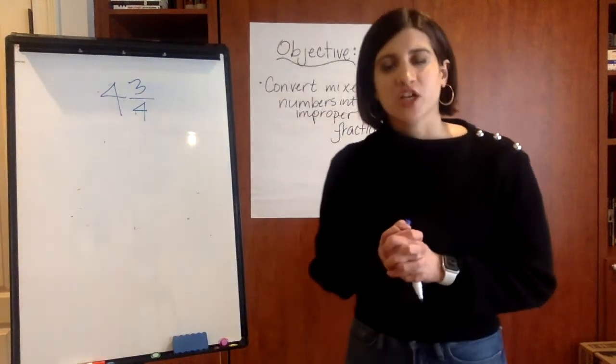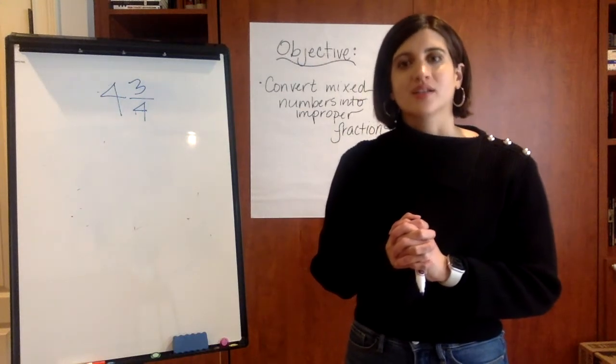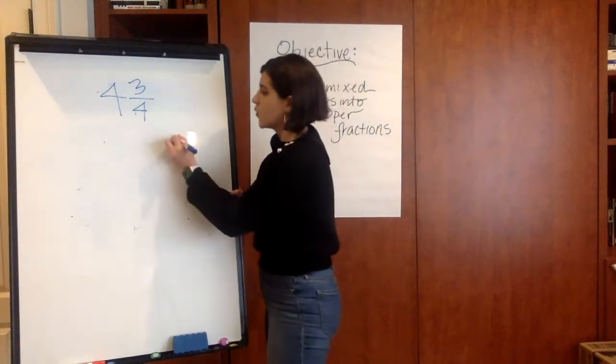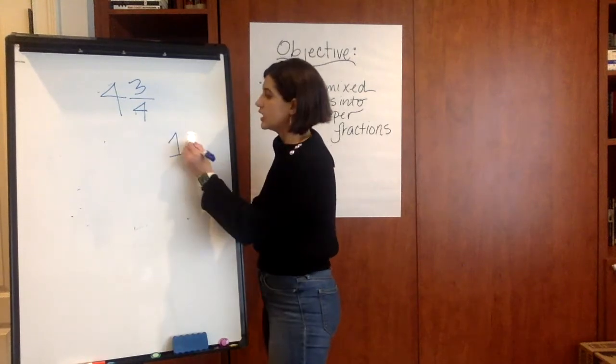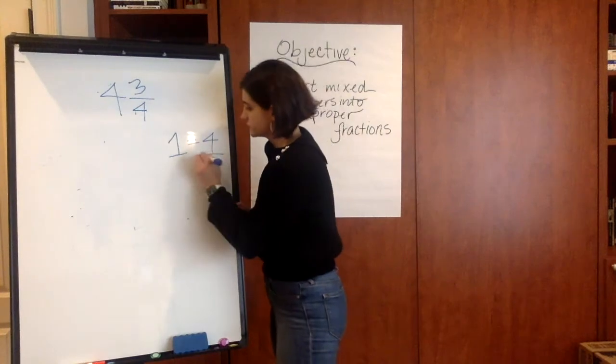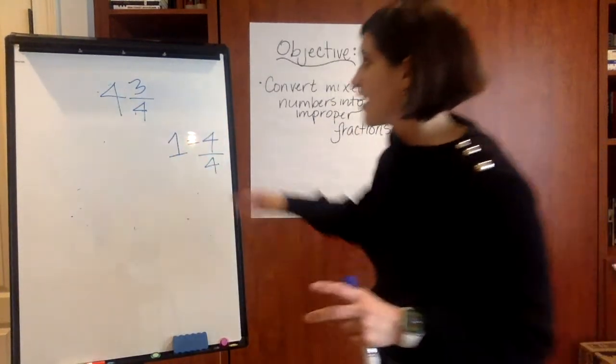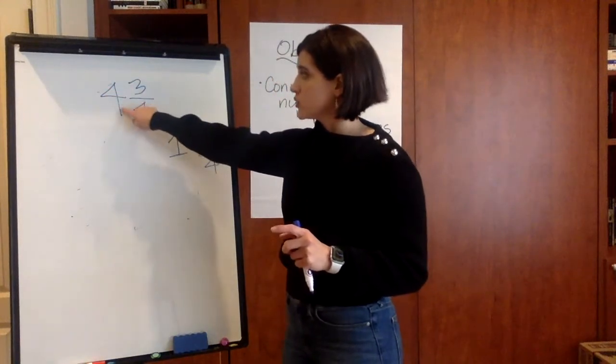And when I look at the fraction, then I have my mixed number, my denominator is 4. Therefore, I write to myself that 1 whole equals 4 fourths. But I notice that I have 4 wholes.